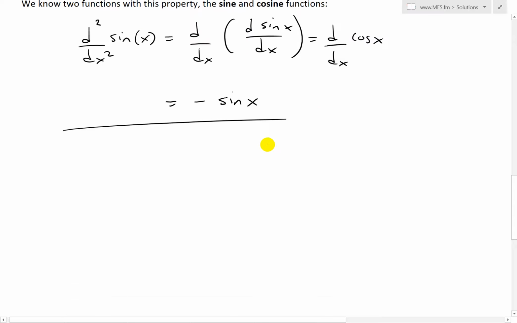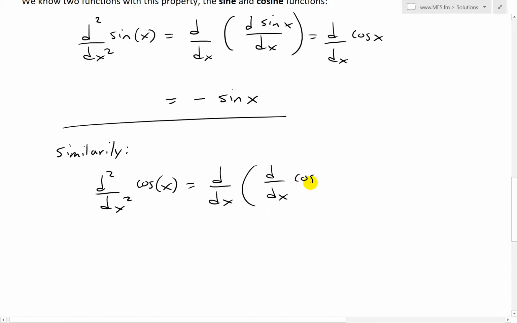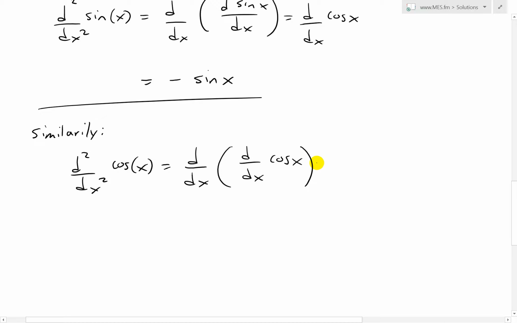Similarly, for cosine it's the same thing. The second derivative d²/dx² of cosine of x is d/dx of the derivative of cosine.